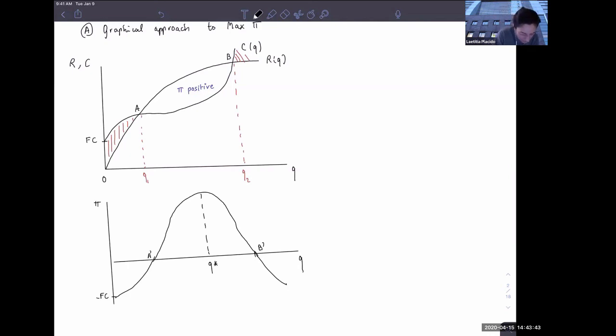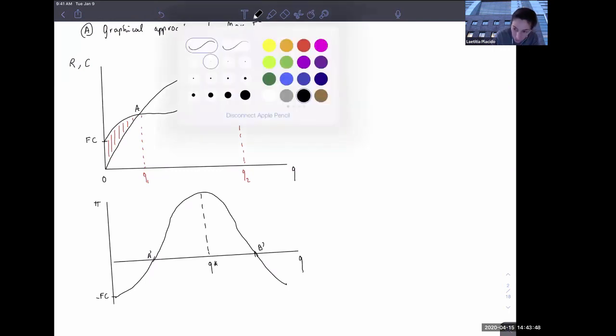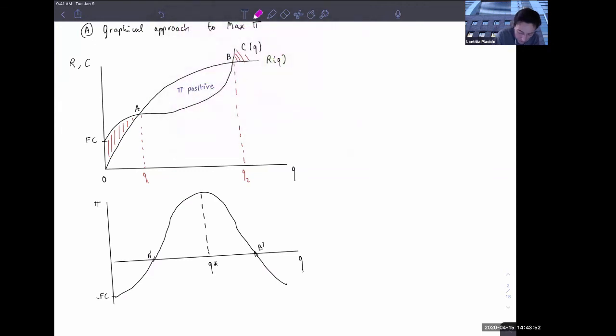Well, we're going to look at the slope of the total cost and the total revenue curve. Okay, so here, the profit is positive. In that area here, the profit is positive. So again, I want the profit to be the greatest possible. So I'm going to look at where the difference between R and C is the highest possible. Where does it occur?